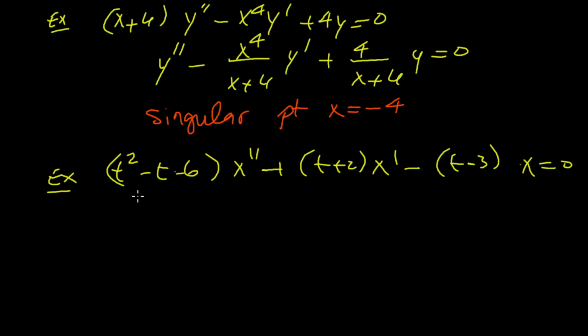So you're going to divide by t squared minus t minus 6, and you have t plus 2.